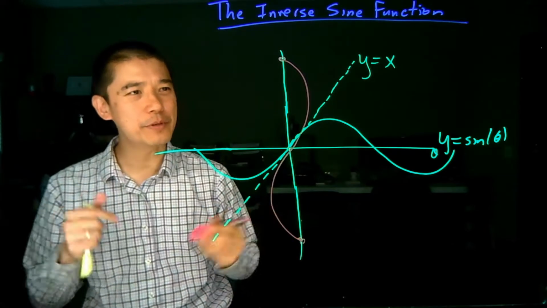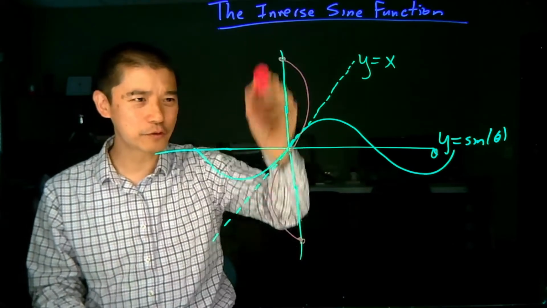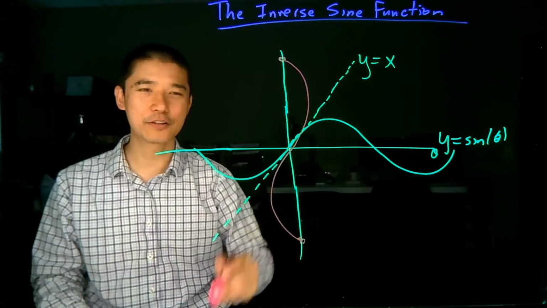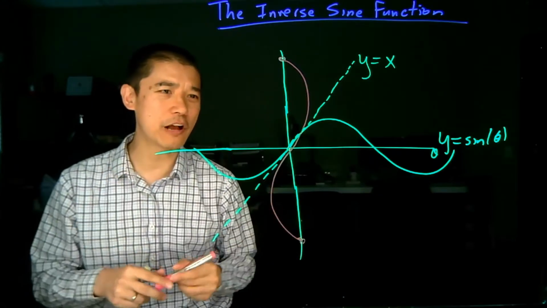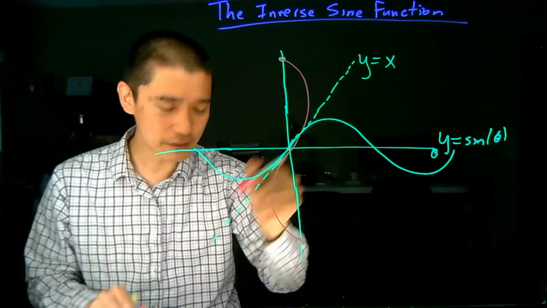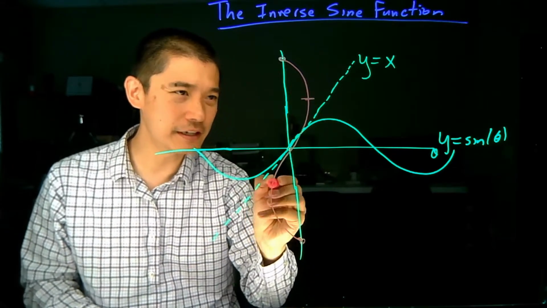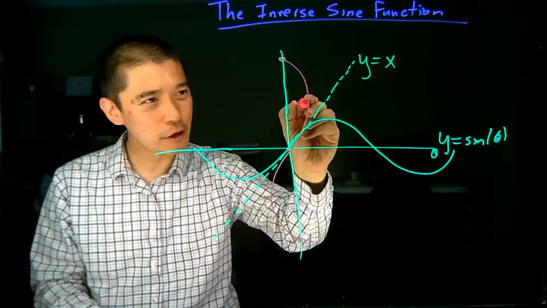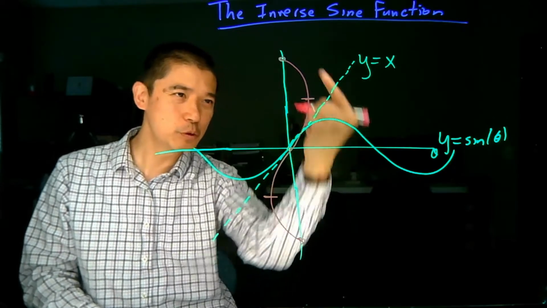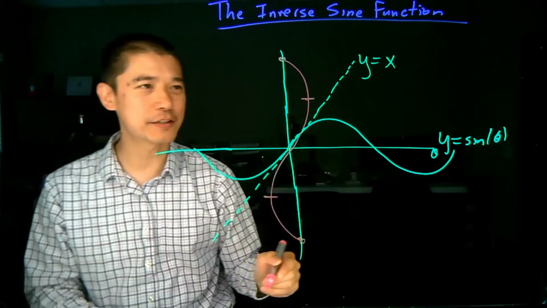Well, I say would be because if we look, the vertical line test will fail for this. And so just like with the square root function, we need to pull off different parts of it. I'm going to cut it off here and here. Basically, we're cutting it off before it loops back on itself.